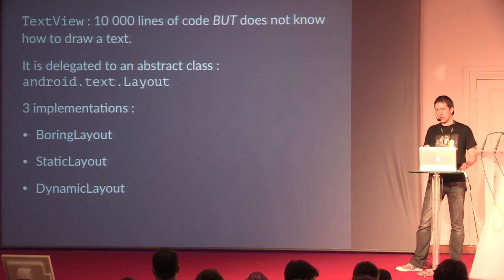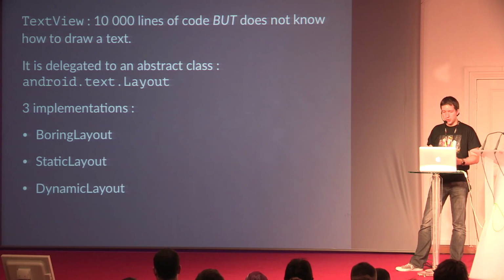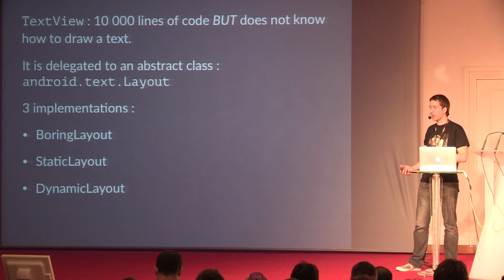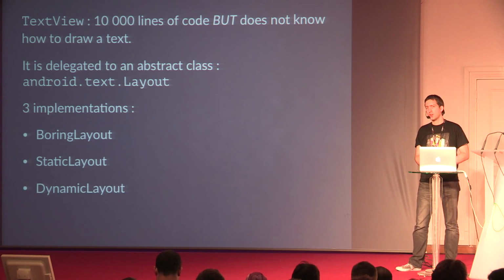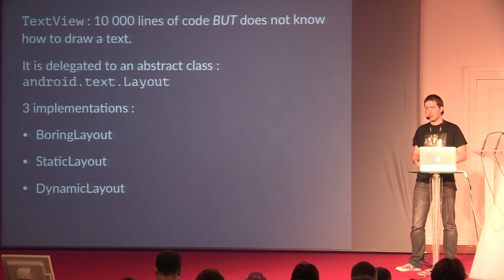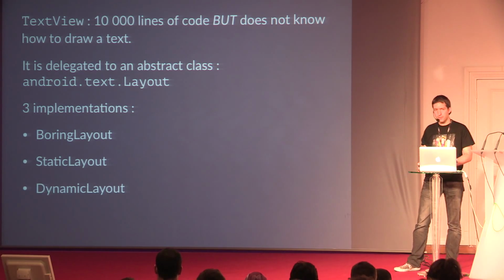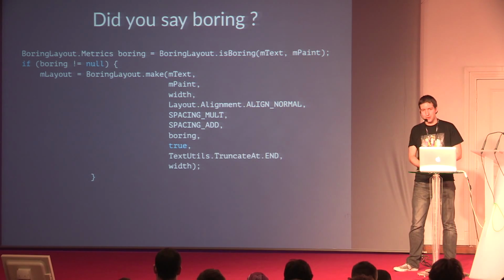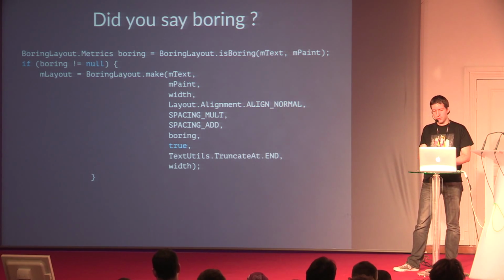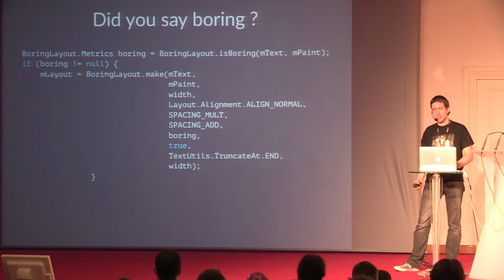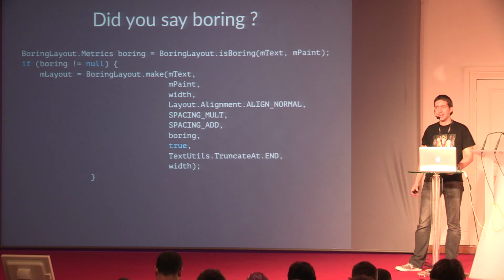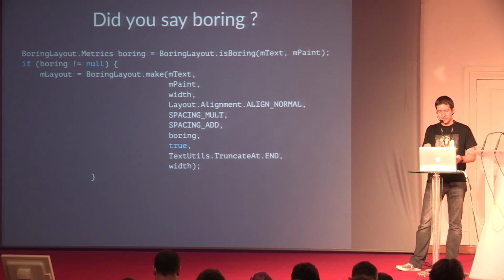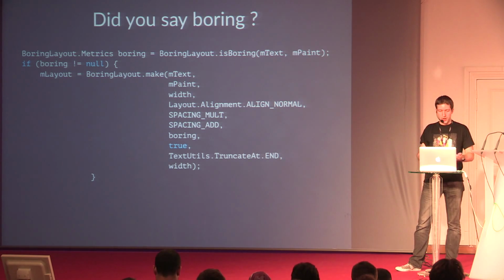There are two main implementations of this class: BoringLayout, very original name, and StaticLayout, plus DynamicLayout. DynamicLayout is only used for EditText, so we don't really care about it right now. The first implementation of text.Layout is BoringLayout. It's a class that was added in the first version of Android. And well, it is quite boring.